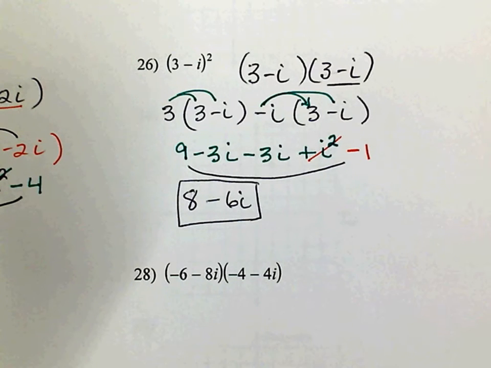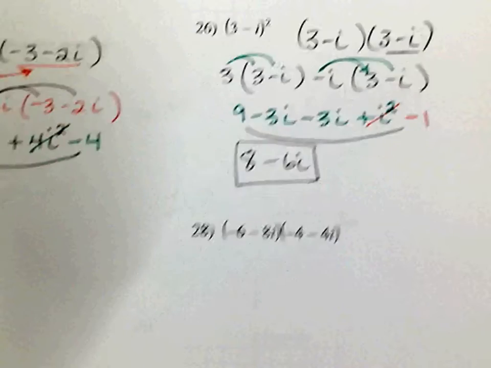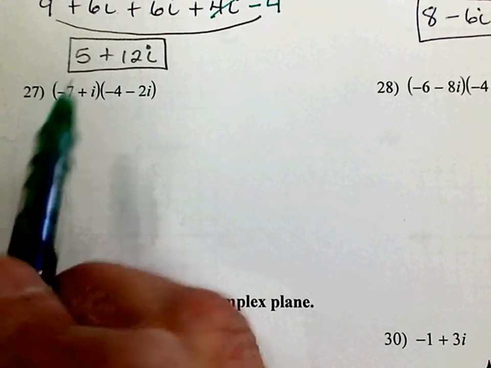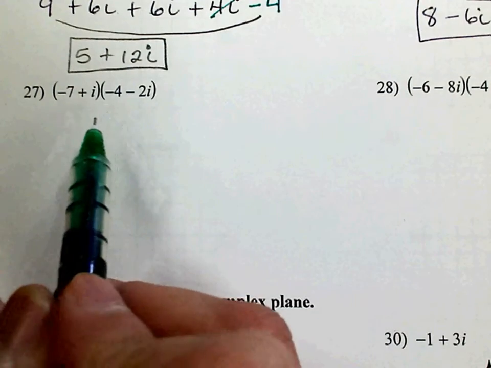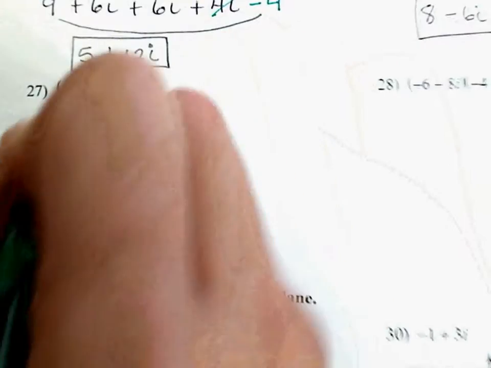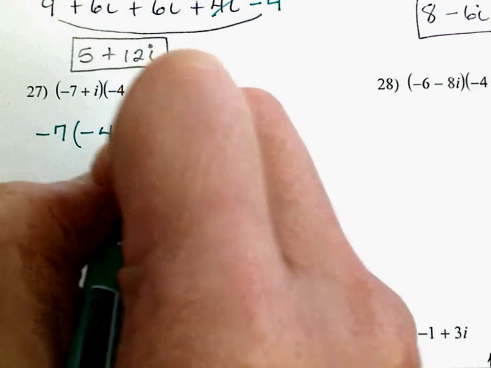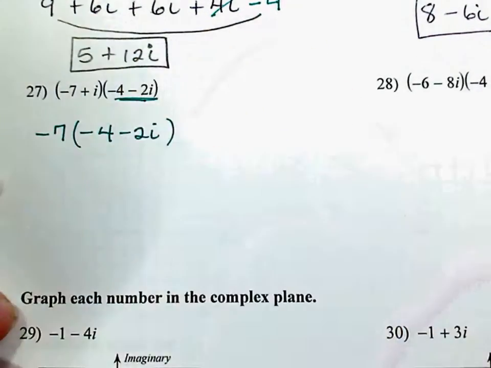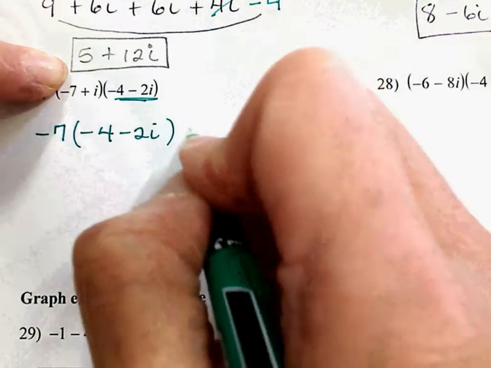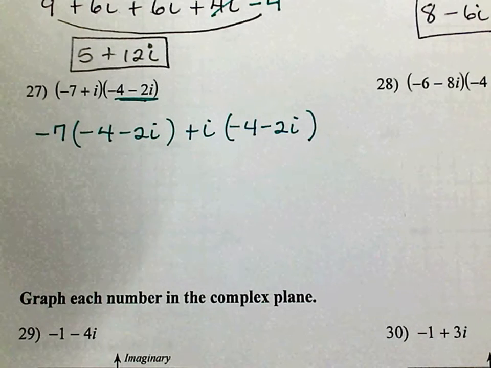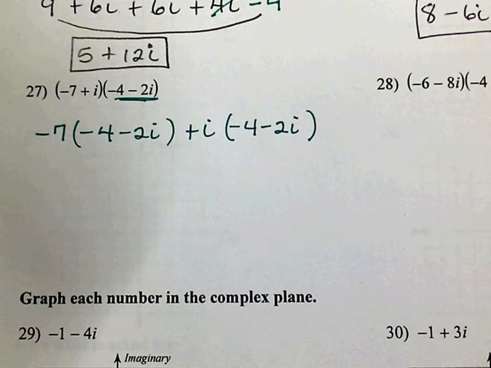All right. 27. Let's go to number 27. Okay. Oh, look, this one's already done for you, right? Yeah. So all you got to do is distribute. Oops, sorry. So negative 7 times negative 4 minus 2i. See how I keep that together? Plus i times negative 4 minus 2i. And what was the big word you guys kept using?